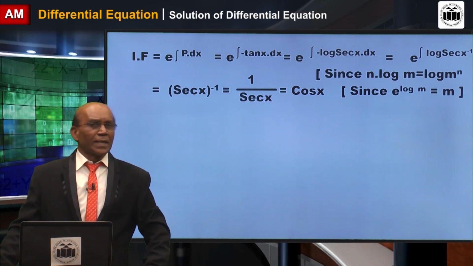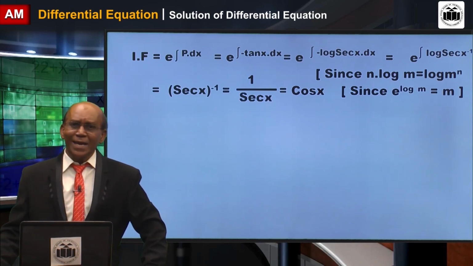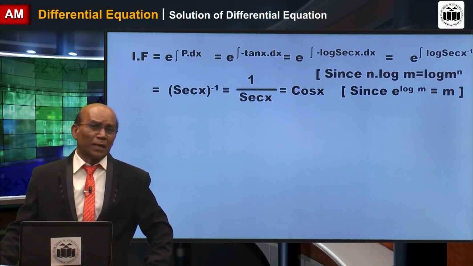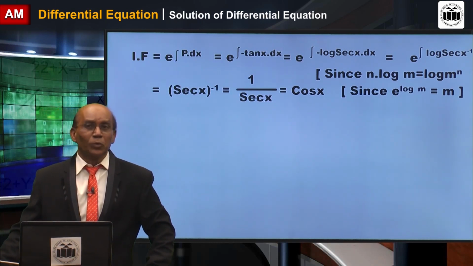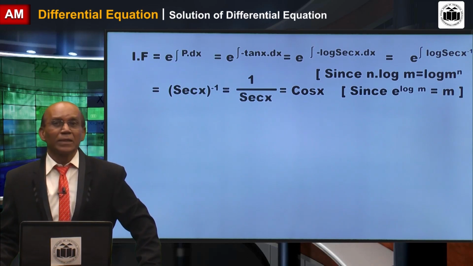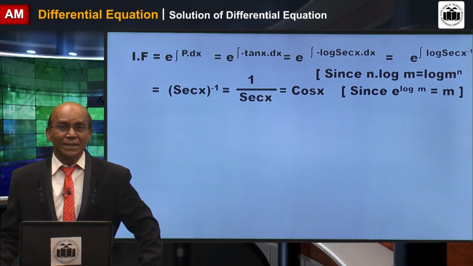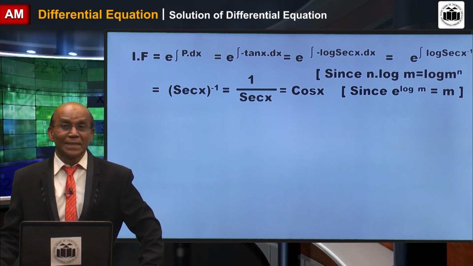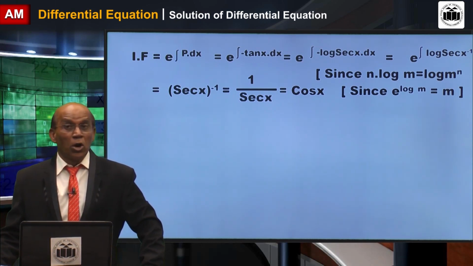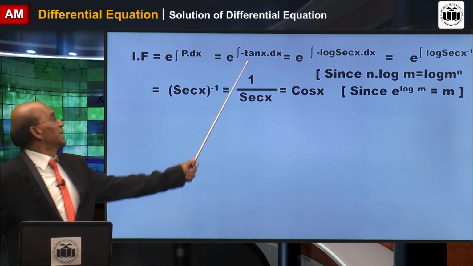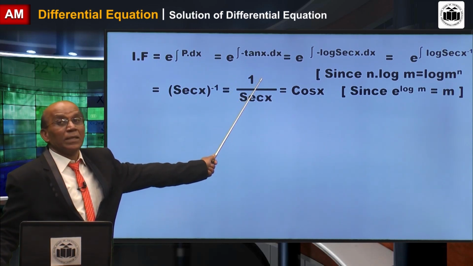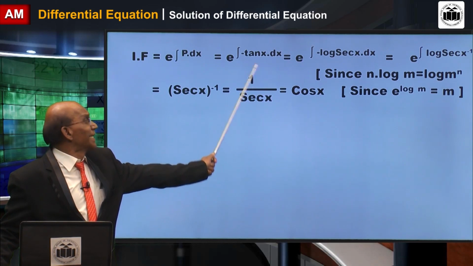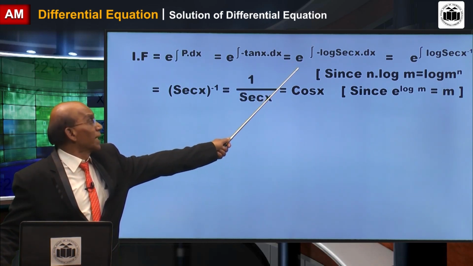So the next point is the integrating factor, e raised to integral p dx, the standard form for finding the integrating factor, and here we put the value of p as minus tan x dx. Again, this is one of the standard forms: the integral of tan x dx is log sec x.